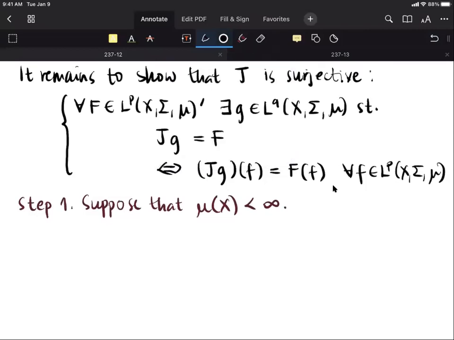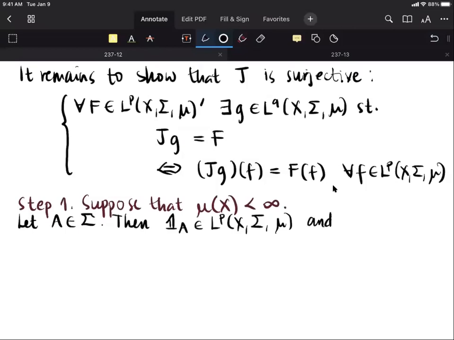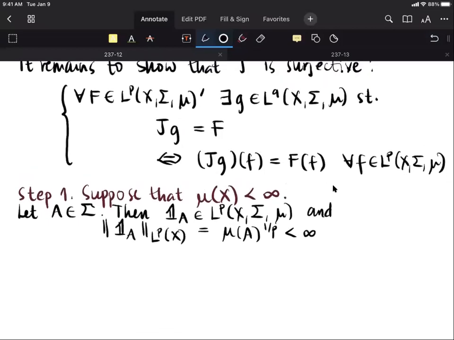So let's start with this case. Take a measurable set A, that is A in sigma, then the characteristic function is in L^p, and in fact the L^p norm, and you can easily see this, is just the measure of A raised to 1 over p. And we know that this is finite since the measure of A is less than or equal to the measure of X.